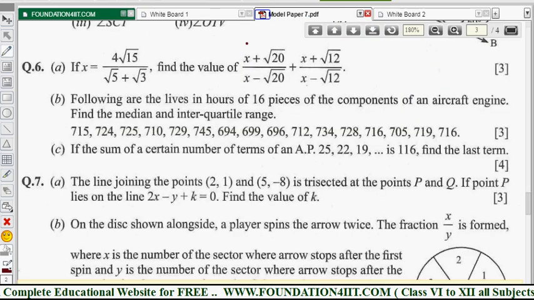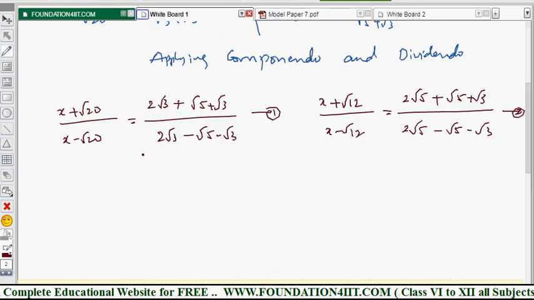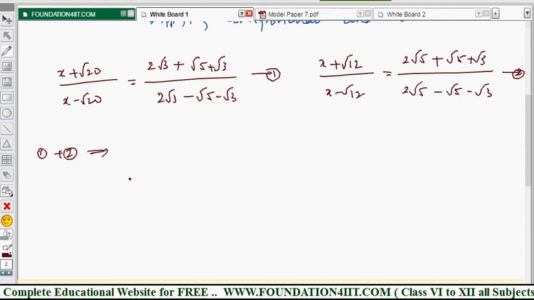If you observe, x plus root 20 by x minus root 20 plus x plus root 12 by x minus root 12 you should find out. That means you should add both. So 1 plus 2: LHS is x plus root 20 by x minus root 20 plus x plus root 12 by x minus root 12.